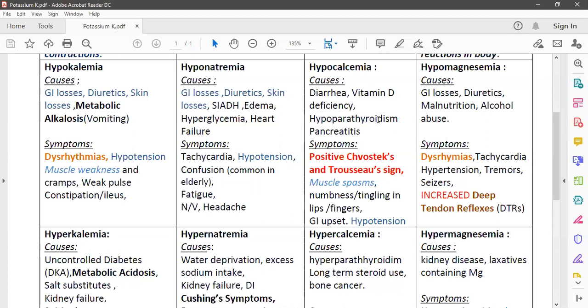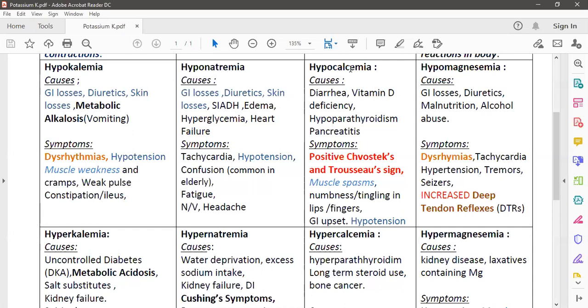Other conditions such as acute pancreatitis, hyperphosphatemia, thyroid cancer, inadequate vitamin D intake or vitamin D deficiency can cause hypocalcemia.